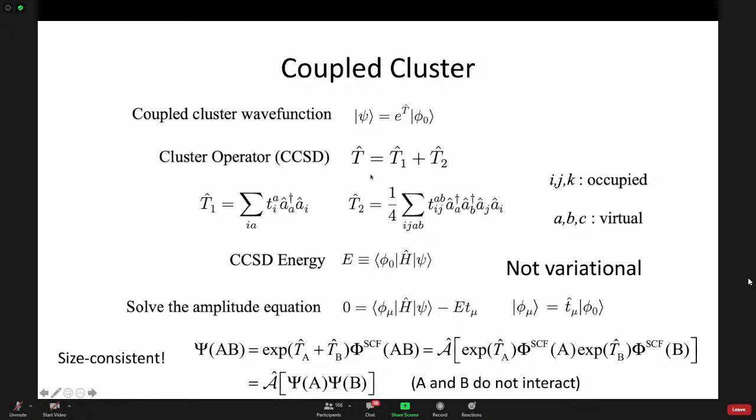By doing so, we could describe AB as A plus B when A and B do not interact. So by using these exponent terms, we can now describe bond breaking and bond forming accurately. That is why the coupled cluster is frequently used in quantum chemistry simulations.